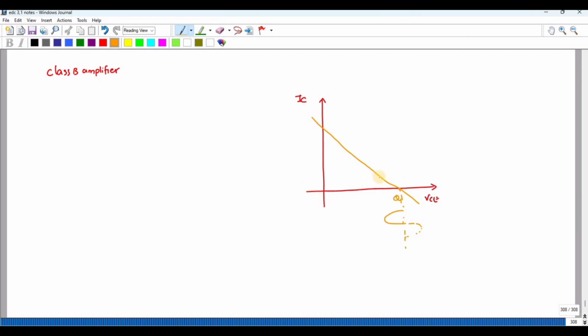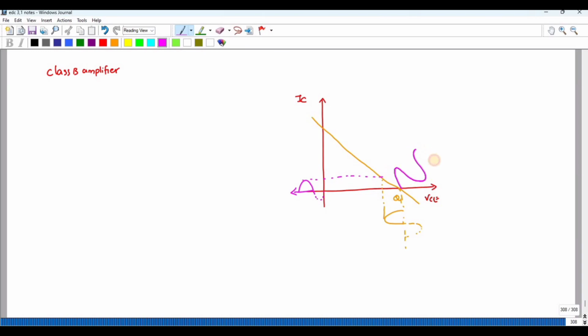and if you look into the output, it is only for half cycle you are getting the output, and for the remaining half cycle you will not get the output. So this is nothing but your input signal.